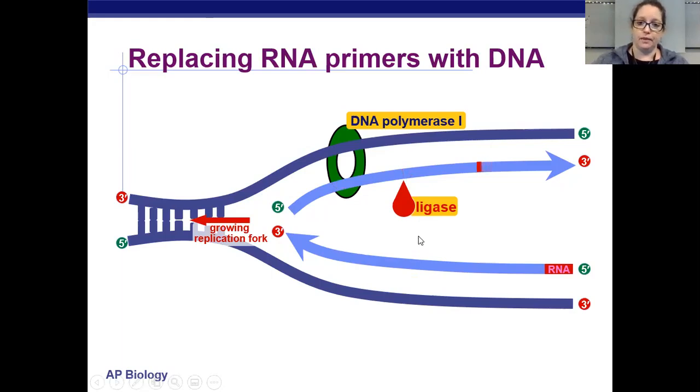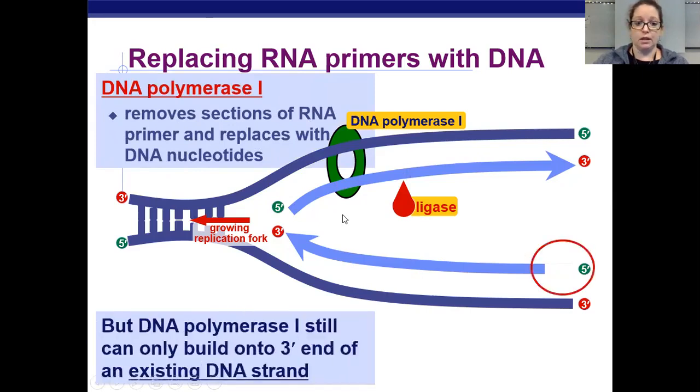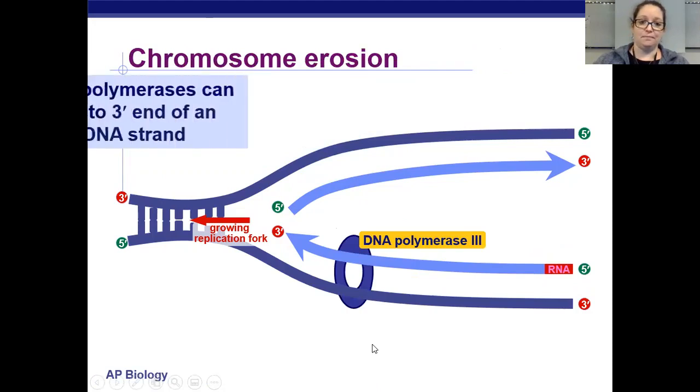Evolution. So DNA polymerase 1 removes sections of RNA primer and replaces them with DNA nucleotides. But DNA polymerase 1 can still only build in the 5' to 3' direction because it's a polymerase.